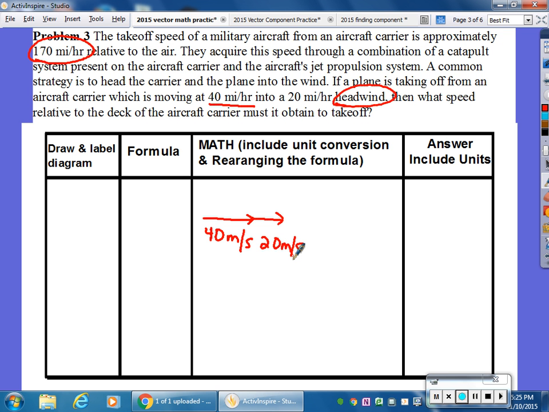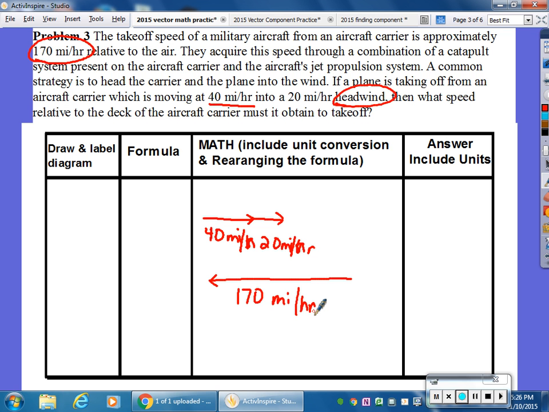And this has to be enough to offset the airplane's required 170 miles an hour speed. Oh, and I did meters per second, but these are all miles per hour.